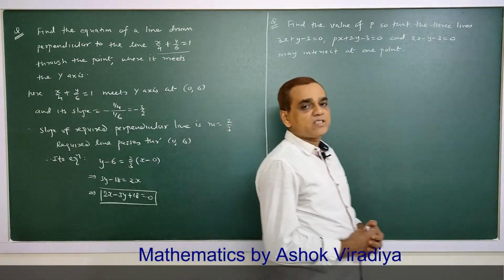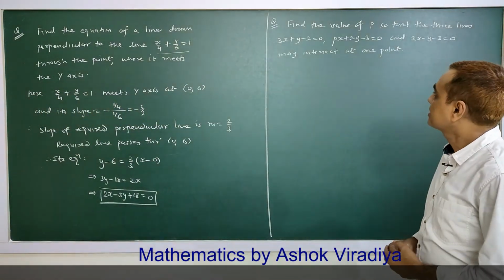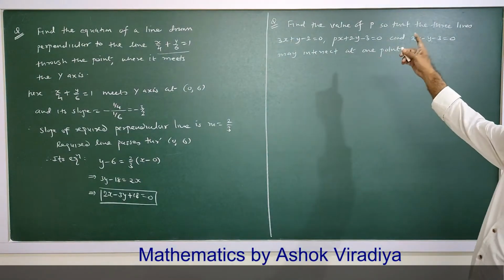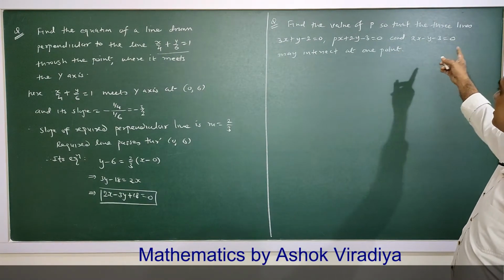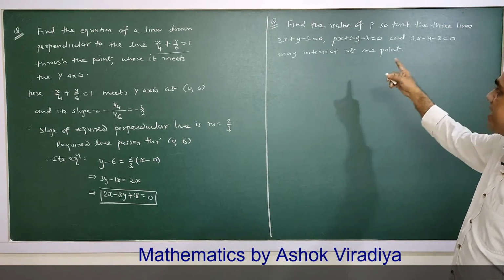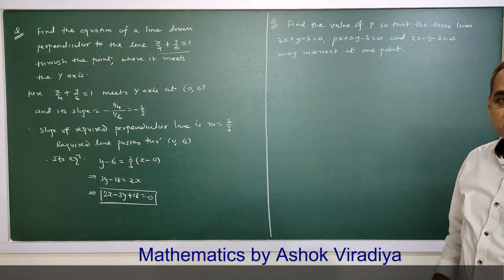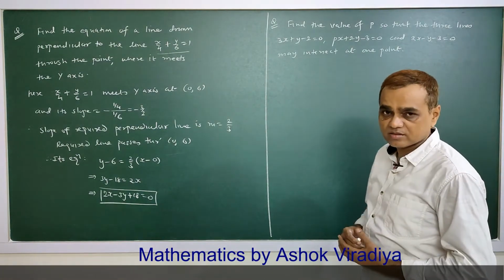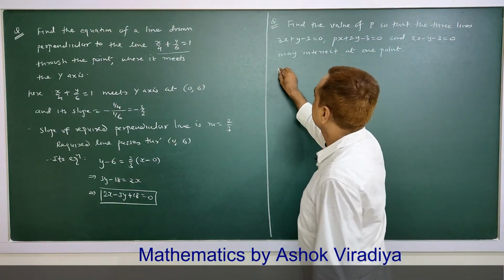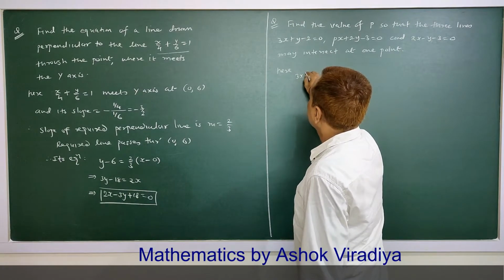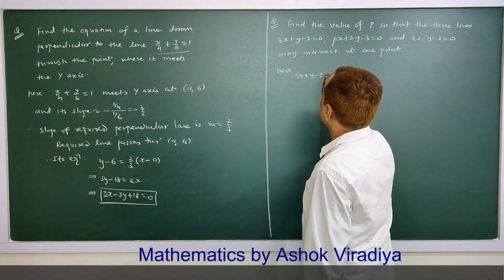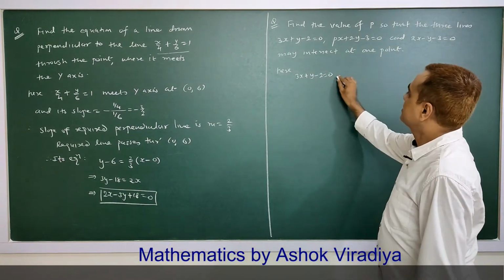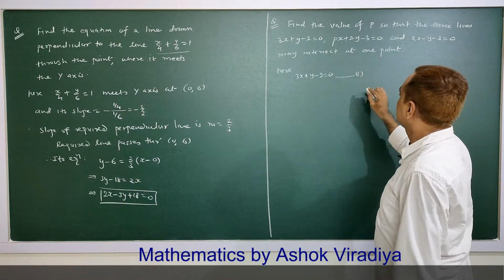Now see here in this question, find the value of p so that these lines may intersect at one point. Means the lines are concurrent. Here 3x plus y minus 2 equal to 0. This is equation 1.